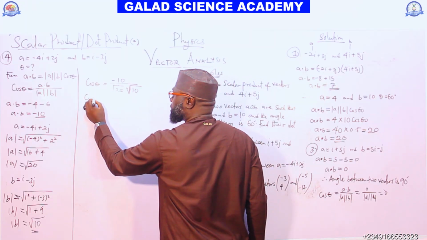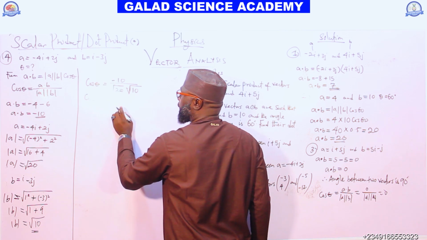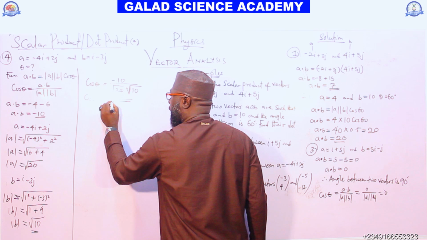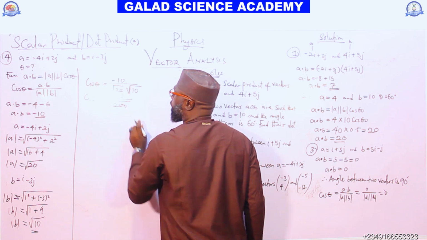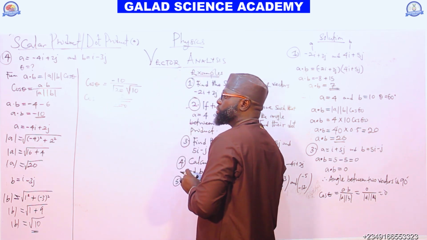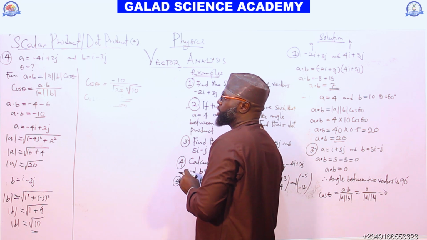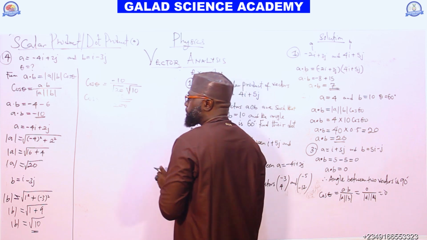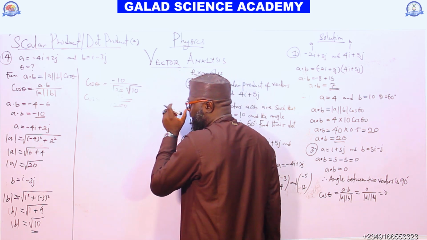We have cos theta to be minus 10 over the square root of 200.